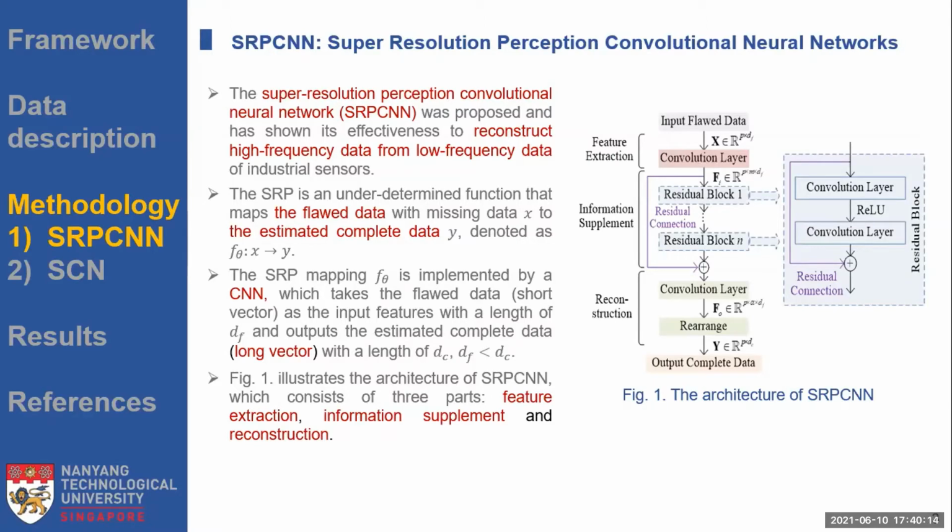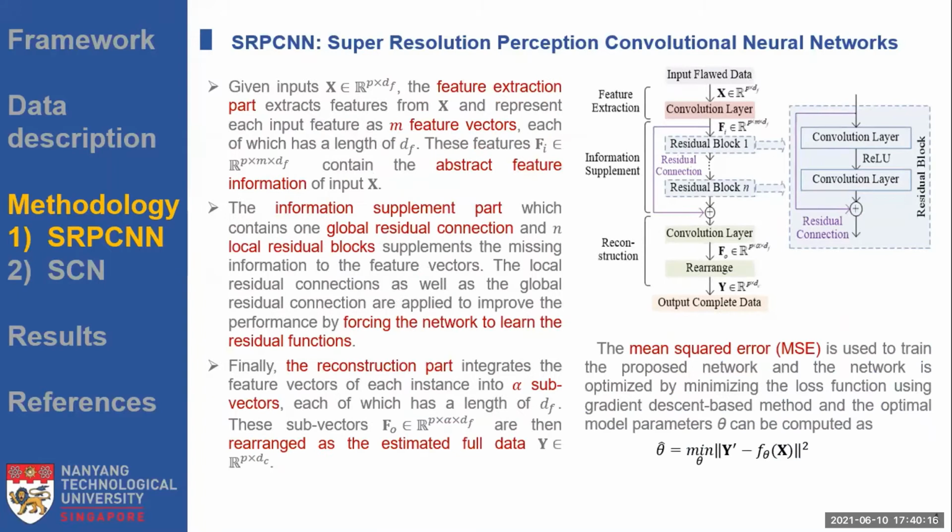This SRP-CNN is actually a deep CNN with 3 parts. The first one is feature extraction, consisting of one or more convolutional layers, and then follows the information supplement part. This part consists of several residual blocks, 1 to n. In our case, we used 16 layers.